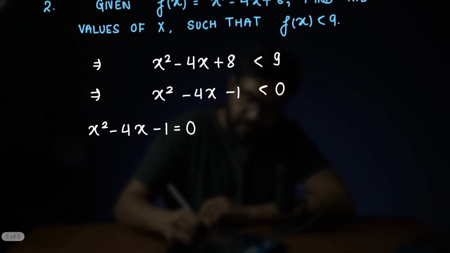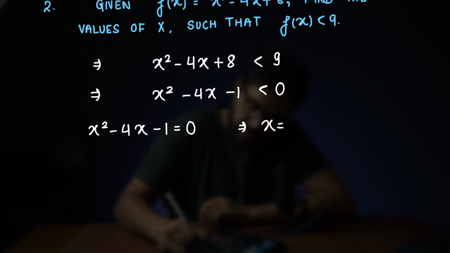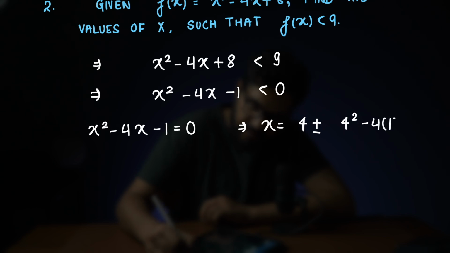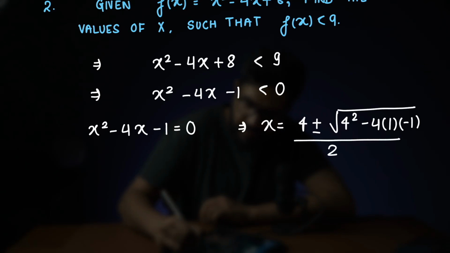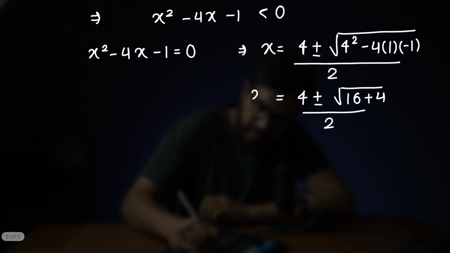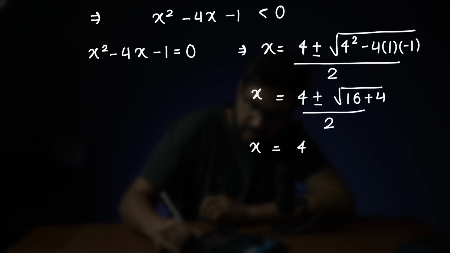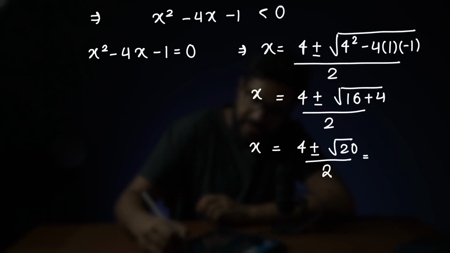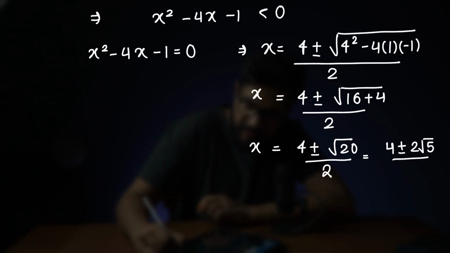Finding the solution by using the quadratic formula, we get x = (−b ± √(b² − 4ac)) / 2a. So we get (4 ± √(16 + 4)) / 2, so x is equal to (4 ± √20) / 2. √20 can be written as 2√5.